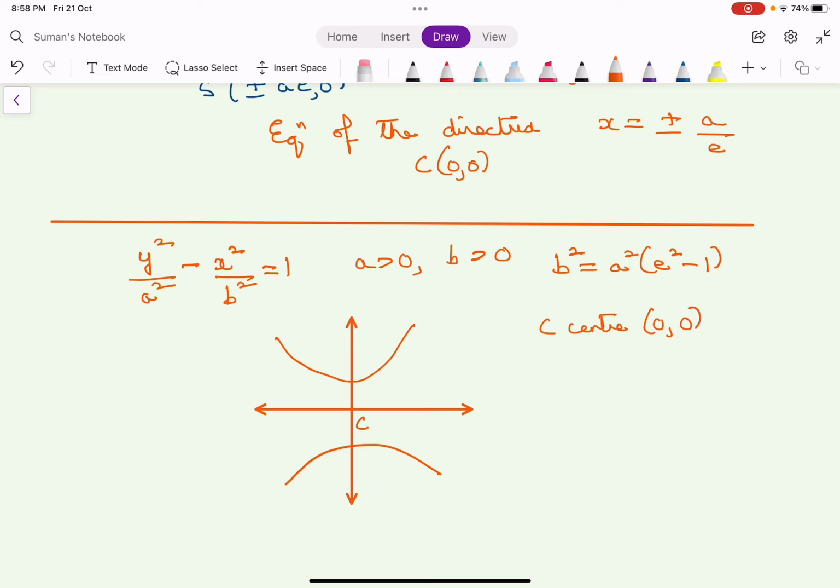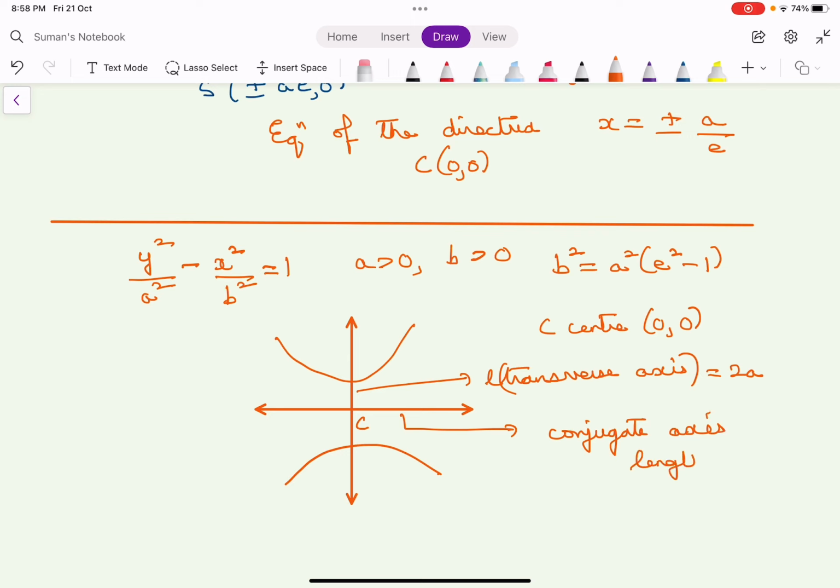Then in this case, this is the transverse axis, and the length of the transverse axis is given by 2a. Then this will be the conjugate axis, and its length is 2b.